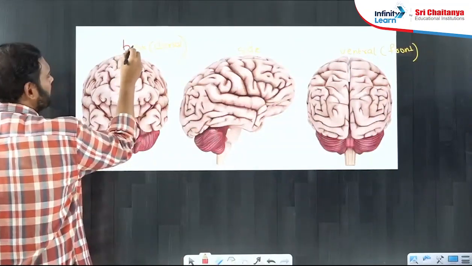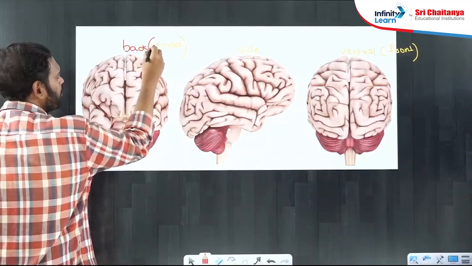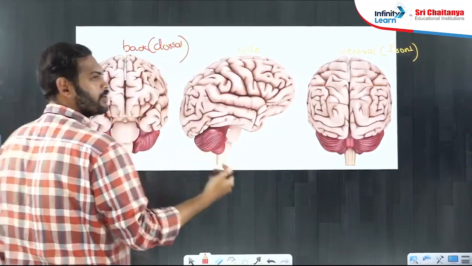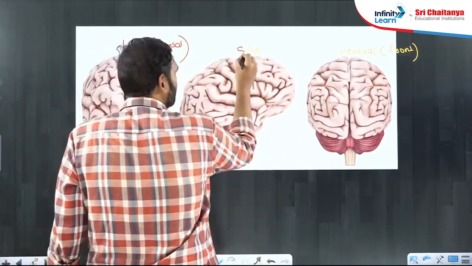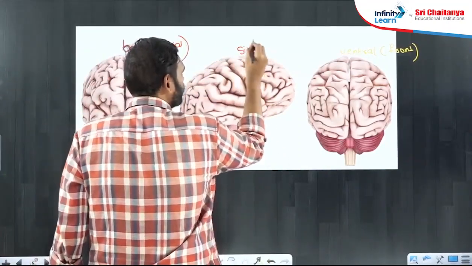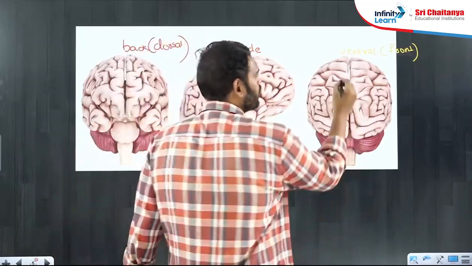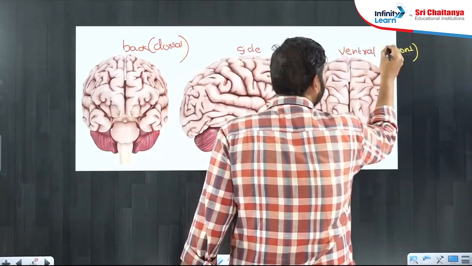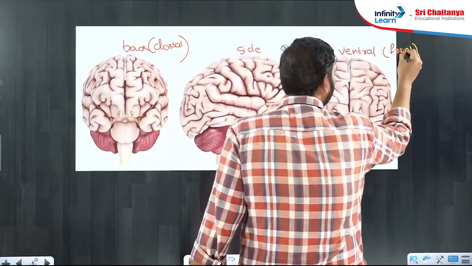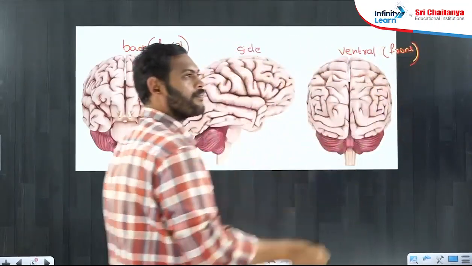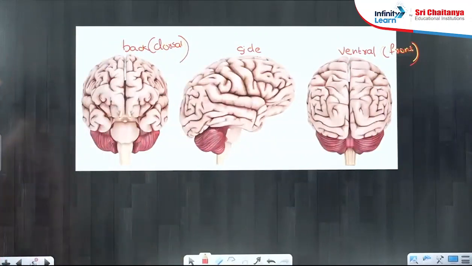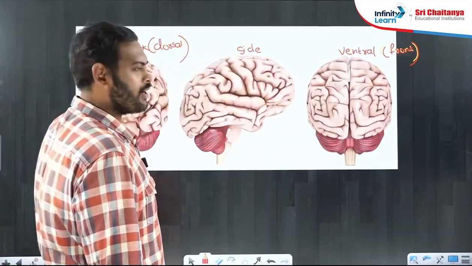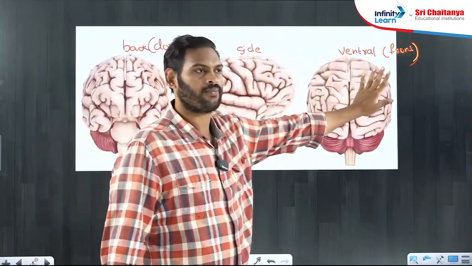So back, dorsal view. Side, we call that lateral view. Front, ventral view. So side, back, front.